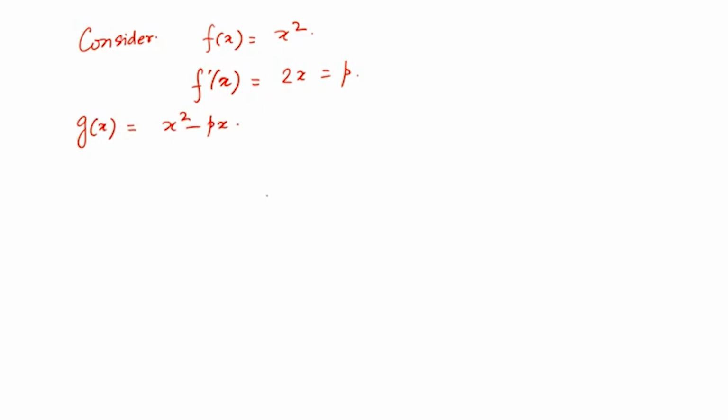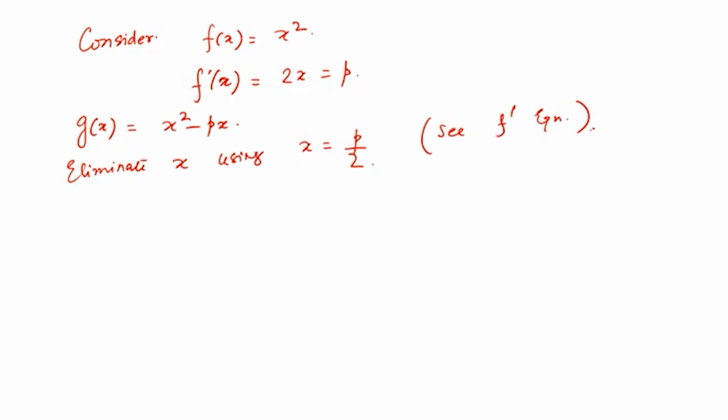Now, we have to eliminate x using x equal to p by 2, which is coming from the f prime equation above.